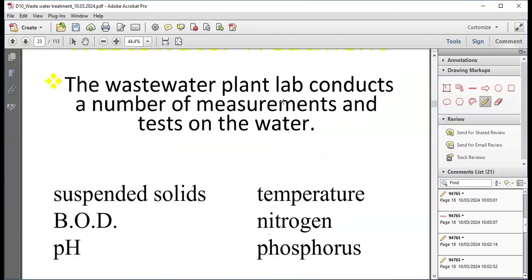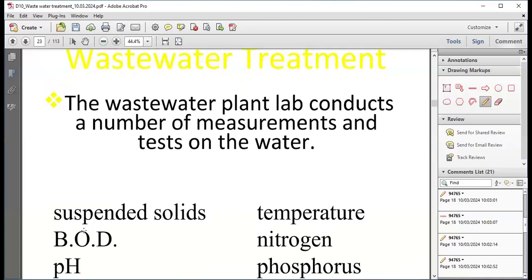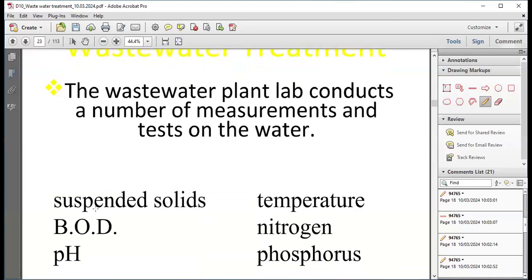The wastewater plant's lab conducts a number of measurements based on the water. This one, the pH test, we have to do. How much suspended solids and BOD, pH, temperature, nitrogen, phosphorus. Right. So you can get the idea. This is suspended solids. What are suspended solids?